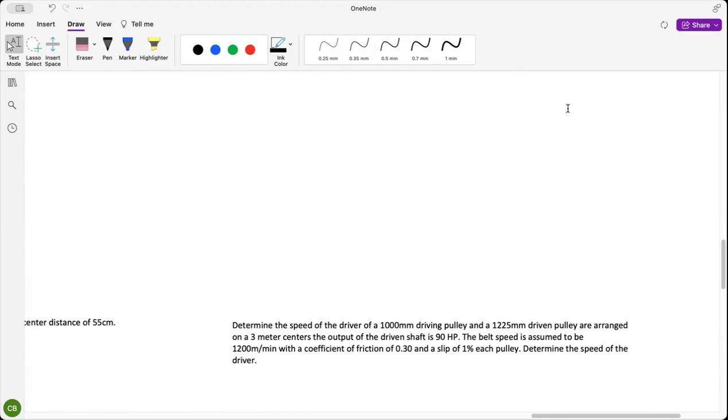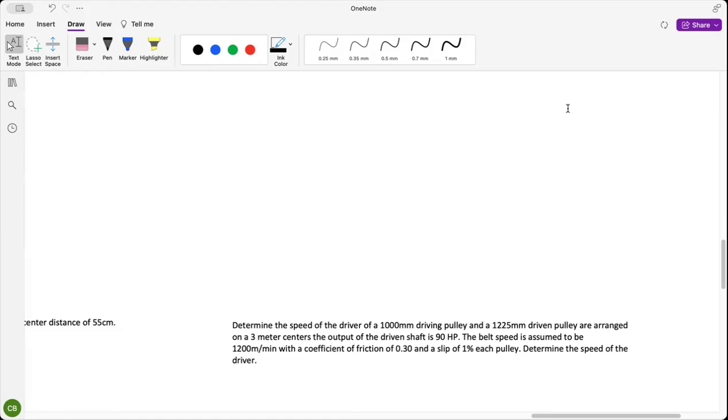Okay, so next, determine the speed of a driver of a 1,000 millimeter driving pulley arranged on a 3-meter centers.